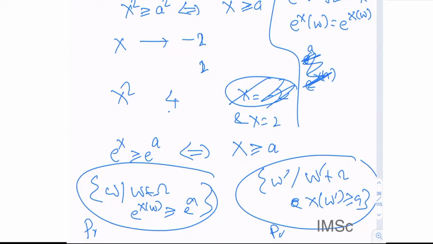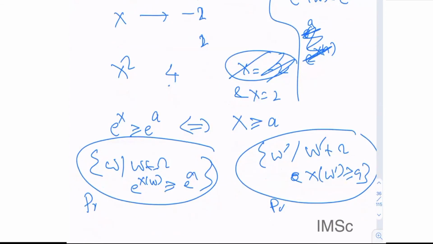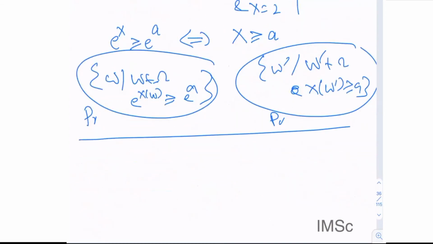Yeah, it's clear. Okay, so now why are we trying to do these things? The reason is very simple. You have x from omega to r. Ultimately, I'm interested in the probability that x is greater than some quantity a.